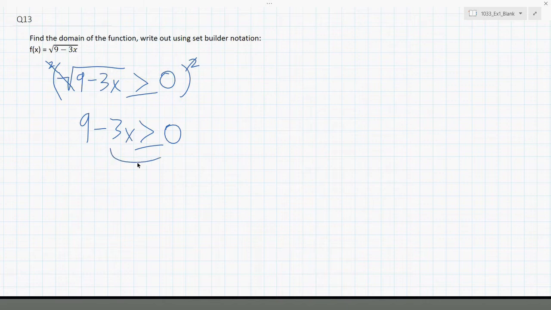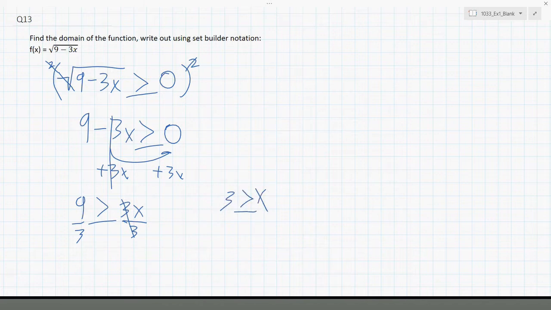So we'll move the 3x over by adding 3x to both sides, and that'll cancel this out. Then we'll have 9 is greater than or equal to 3x. From there, we'll just divide both sides by 3, cancel that out, and we'll get 3 is greater than or equal to x.